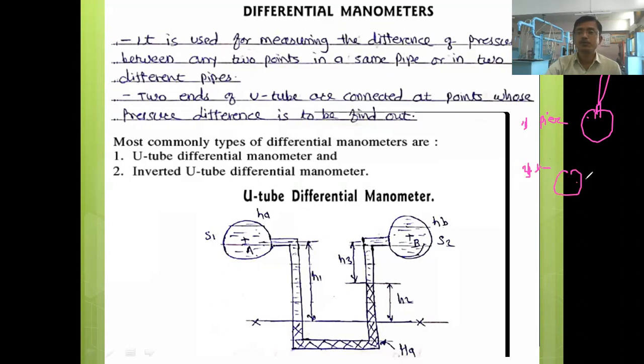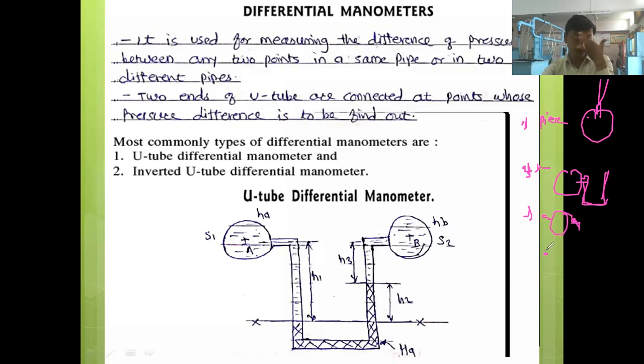There also one end is connected to the pipe and the other end is kept open to the atmosphere. The same thing is with the single column manometer: one end is connected to the pipe whose pressure is to be measured and the other end is kept open to the atmosphere. But in the case of differential manometers, both ends of the manometer are connected to two pipes.